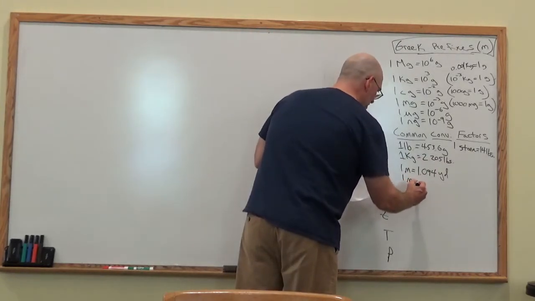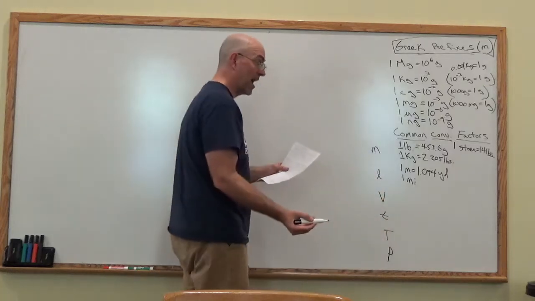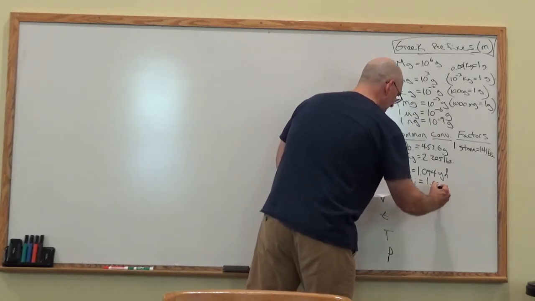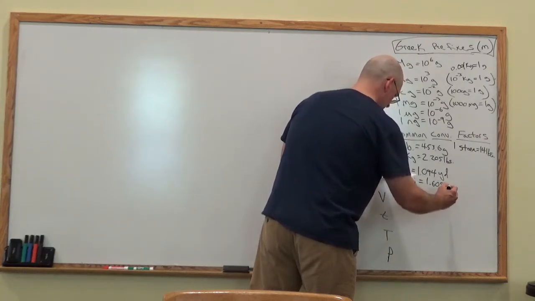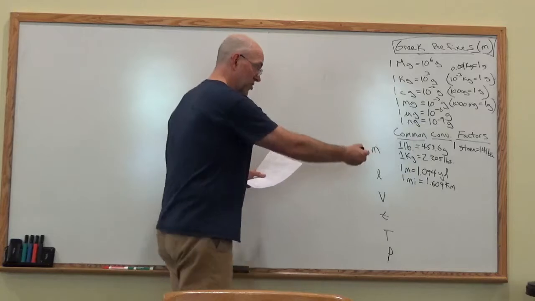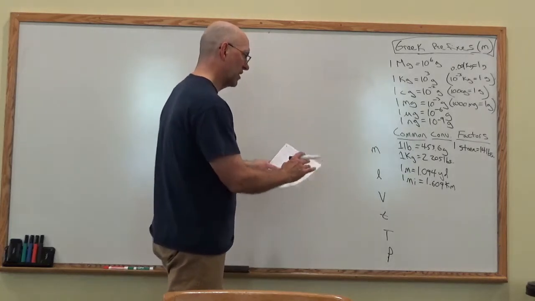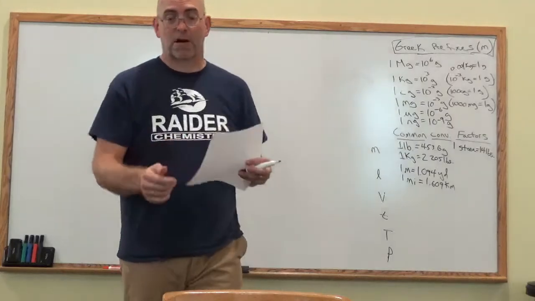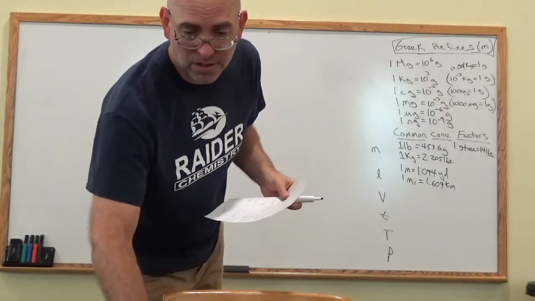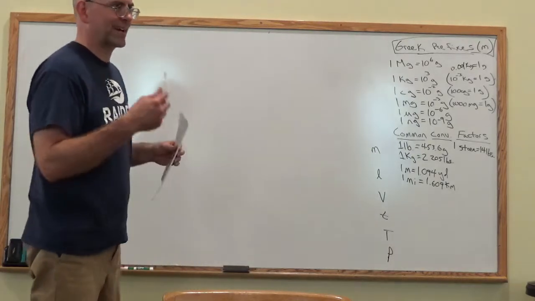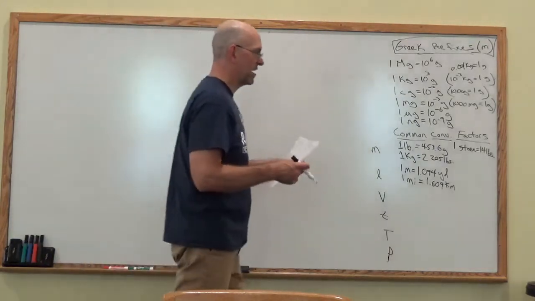A mile, MI is mile, is 1.609 kilometers. Again, these are the British and English ones. So a mile is, okay, and those of you that are runners or distance athletes probably have a sense for kilometers and miles. If you've ever done a long bike ride, a metric century is about 65 miles.